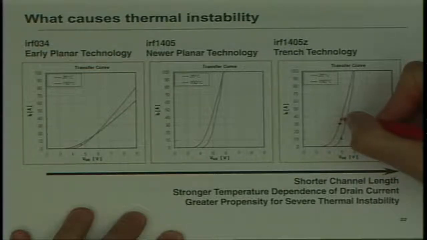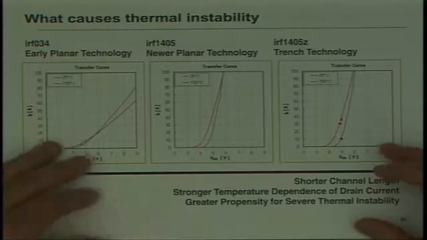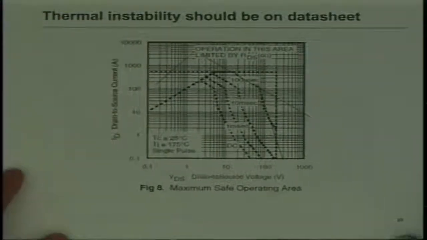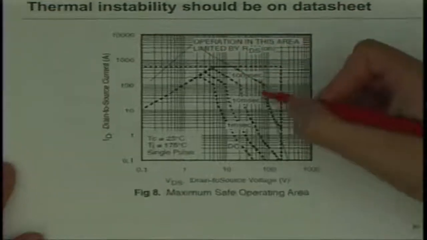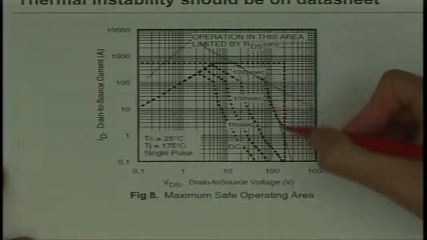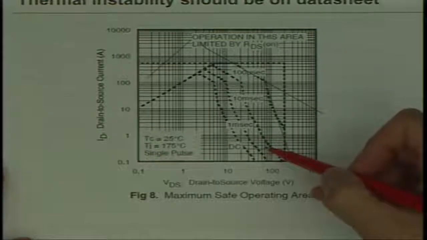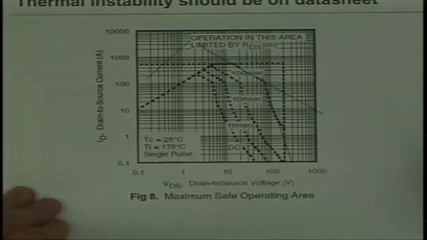So 3.5 to 1 difference in current between adjacent cells as one gets hotter. As a result, you see these SOA curves that are no longer just thermally limited, but they have this thermal instability limit as well. Most modern trench FETs you'll see have this kind of curve, and if they don't, I'd be very suspicious about whether it's real or not.